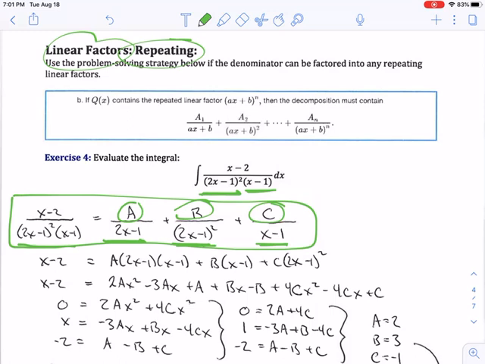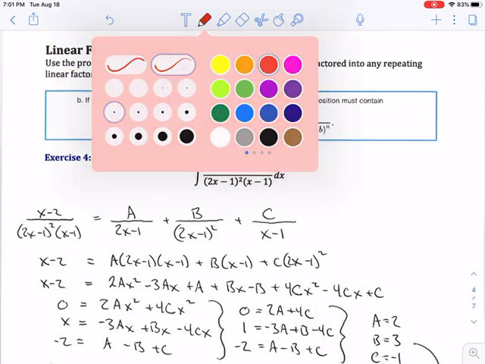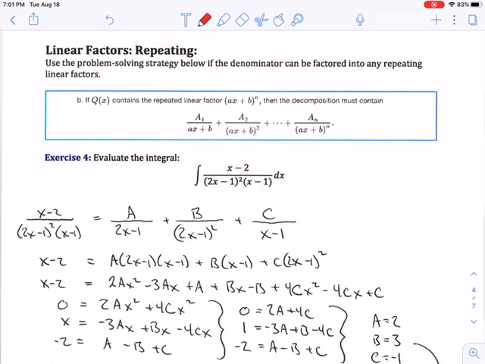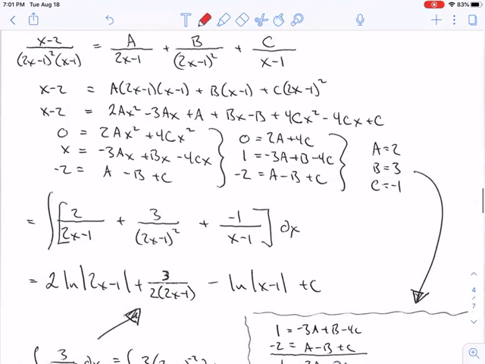I'm going to go through the rest of this very quickly because it's the same process that I described in the last video. So hopefully by now you've got that part down a little bit. Otherwise, this is some more practice for you. So we multiply both sides by the least common denominator, which is always this denominator, always.